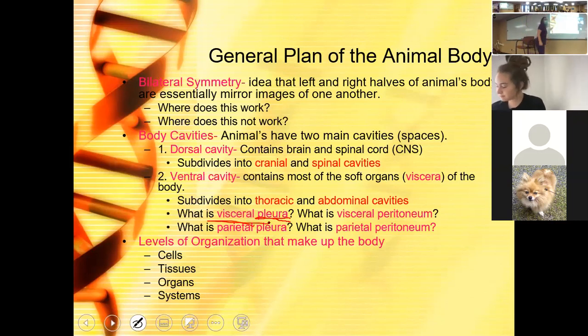Visceral is the name for the organ. When you say the word viscera, it means organ. So when I say visceral pleura, pleura means literally the membrane in the chest. Visceral means the membrane that is on the lung.